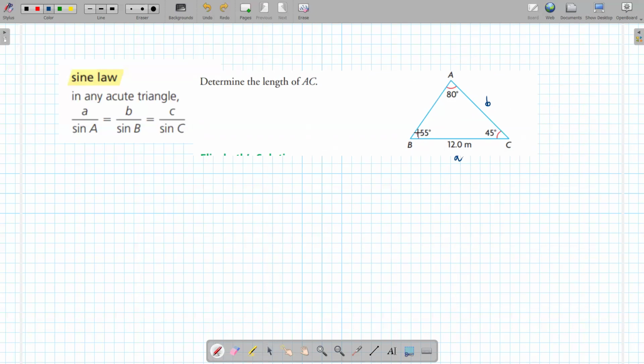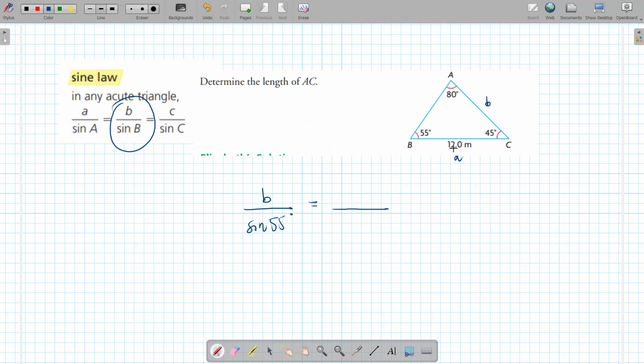All right, so how does this work? We're just going to use the formula that's on the left side. We're looking for b. So I'm going to start here. b is unknown, divided by sine of B. What's angle B? 55. And that's going to be equal to the set that you do know: the side length on the numerator and the angle on the denominator.